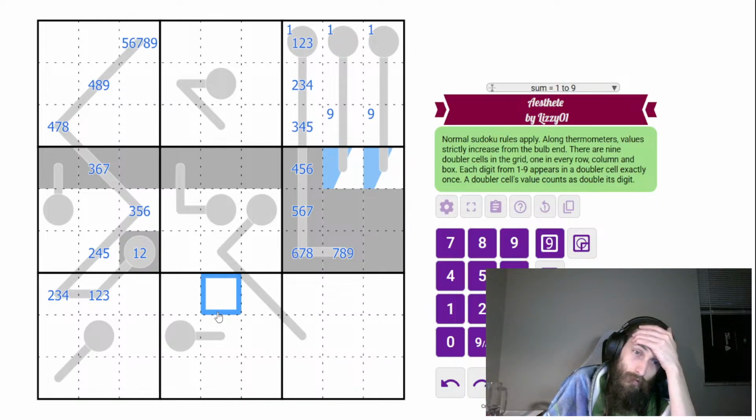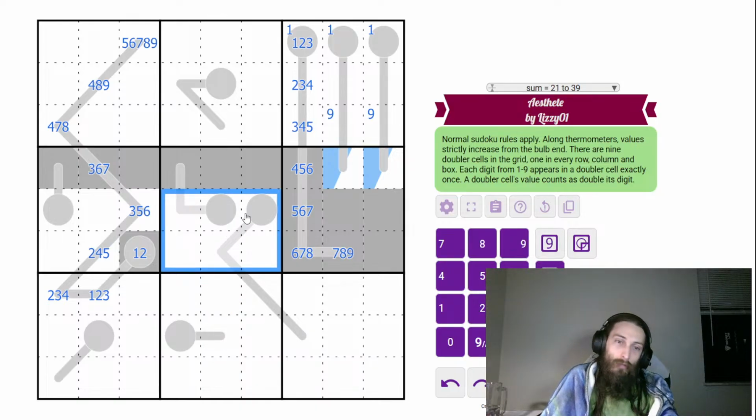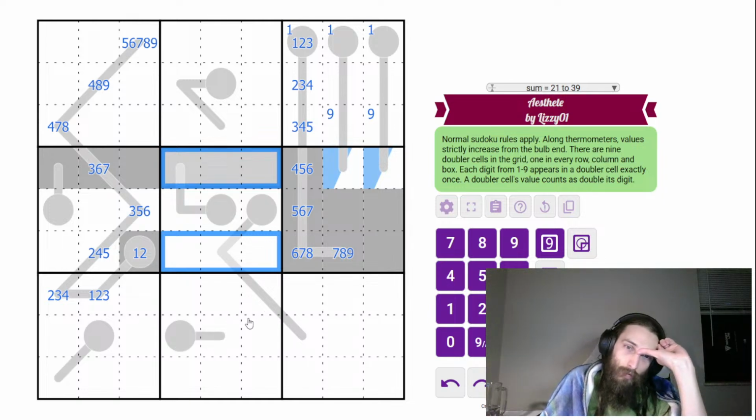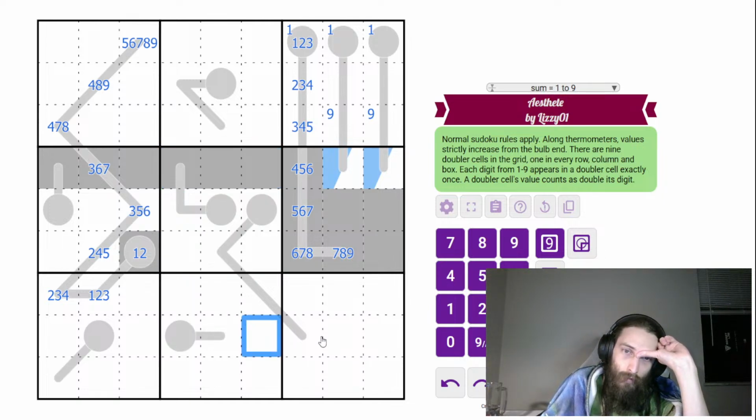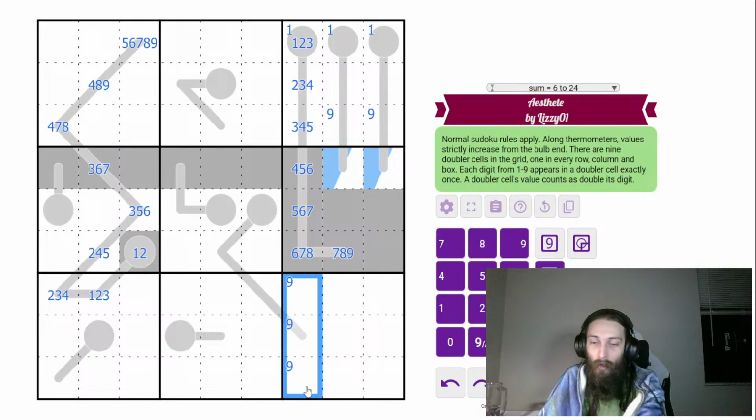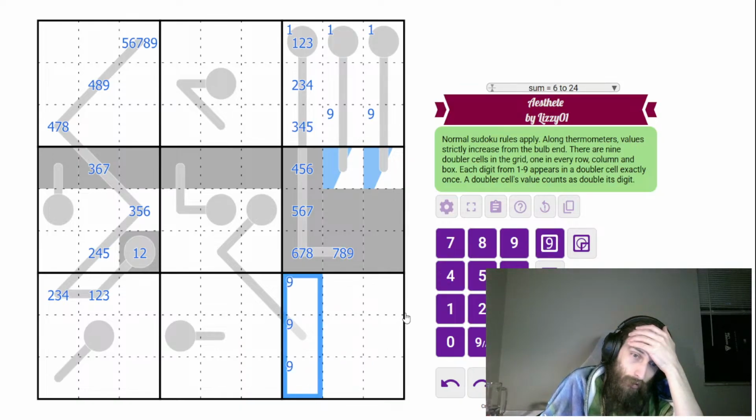Okay, well, in box 5, where can a 9 go? Well, it could go across in the top. Never mind. It just can't go in the center row. Yeah. Well, I guess 9 has to be one of those 3 in box 9.